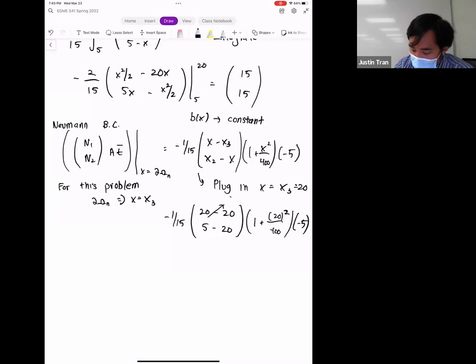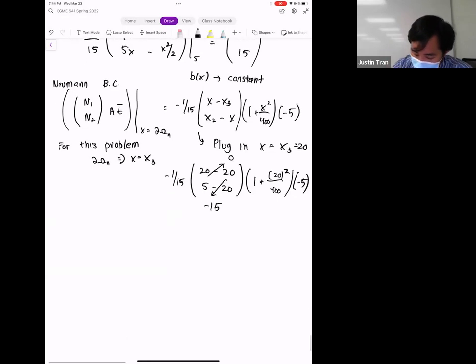And so if we evaluate these, we have 20 minus 20, which is 0. We have a 5 minus 20 here, which is a -15. And so that -15 is going to cancel out with the -1/15 on the outside. And so we end up with a 0 and 1.